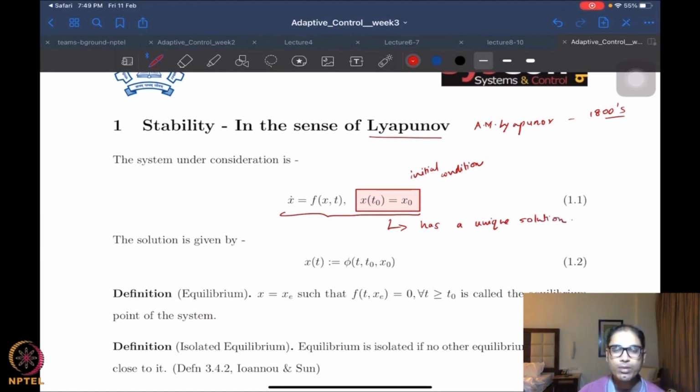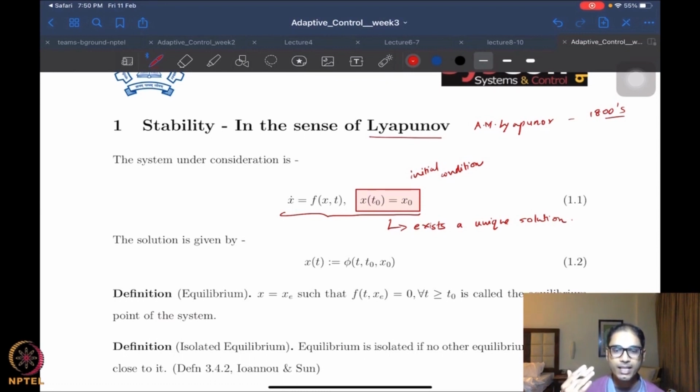We have not discussed this here at all, but what does it mean for a system to have a unique solution? It means that given this initial condition, there can be only one solution. First of all, that a solution exists.